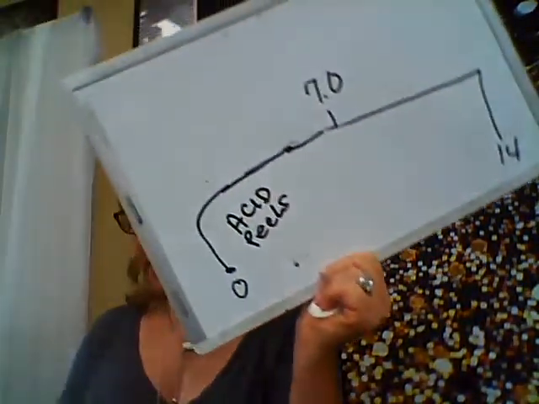So acid peels is on the lower form of the spectrum of the pH scale. It's on the left side, very, very, very acidic. You got to be real careful when you're dealing with such things because you can burn a person's skin with that, okay? So acid peels are way low, okay?